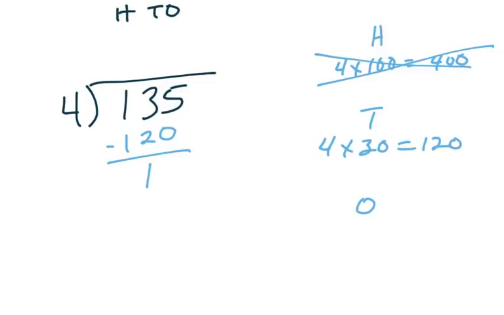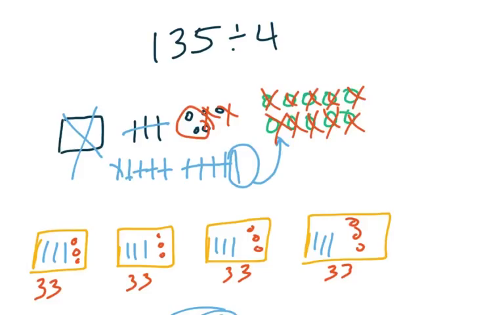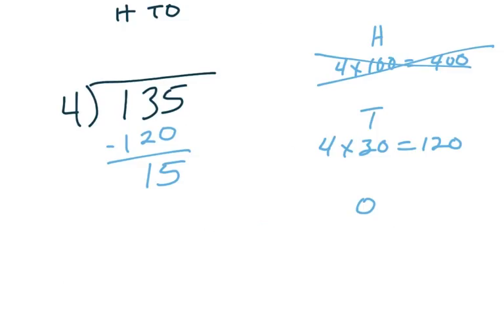Now we subtract, and we have 15. Remember when we made that decision to exchange the 1 rod left over for 10 units, plus the 5 units we had, so we had 15 altogether. Now we have ones, so we do 4 times 3, which is 12.